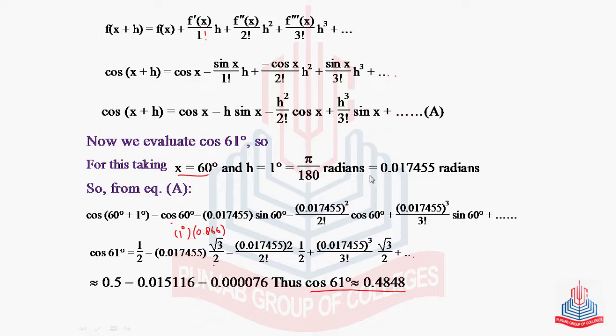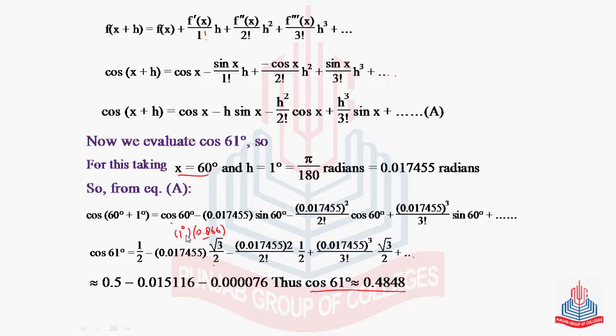So we convert this degree to the Radian-Mayer or real number system, as this 1 degree is 0.017455, a real number value can easily be multiplied to 0.866 instead of multiplying to this 0.866 to the 1 degree.